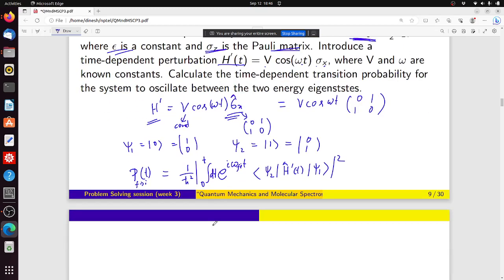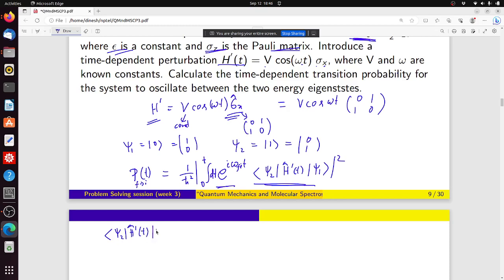We have to find this matrix element first, then do the integration. It's pretty simple. It's the same formula we applied in the last two problems.